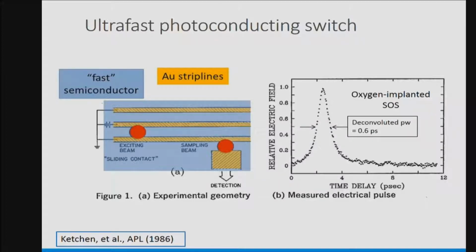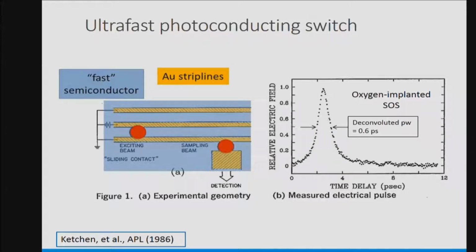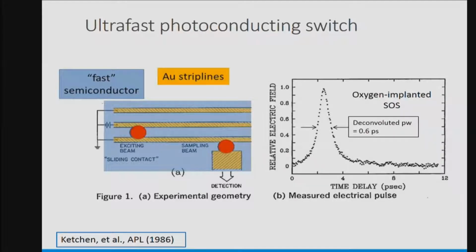When a laser pulse hits this area in the gap, this is an insulating, undoped semiconductor, and when you shoot it with a laser pulse, you create carriers. That induces conductivity. You get a current pulse that shoots from one line to the other, and that launches an electromagnetic pulse down the line. This paper in 1986 actually was able to demonstrate a generation of an electrical pulse running down this line with a duration of less than a picosecond.